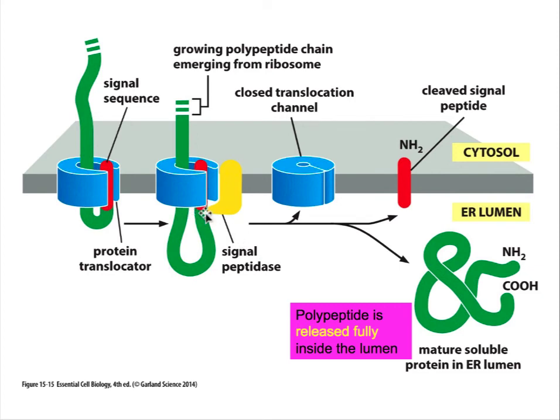So by cutting there, the signal peptide is cleaved, releasing the polypeptide once it's finished being manufactured into the lumen of the organelle. The signal peptide itself is degraded by enzymes not necessary for us to learn, and then those amino acids are recycled. And this cycle continues as long as ribosomes are delivering their cargo to the organelle.